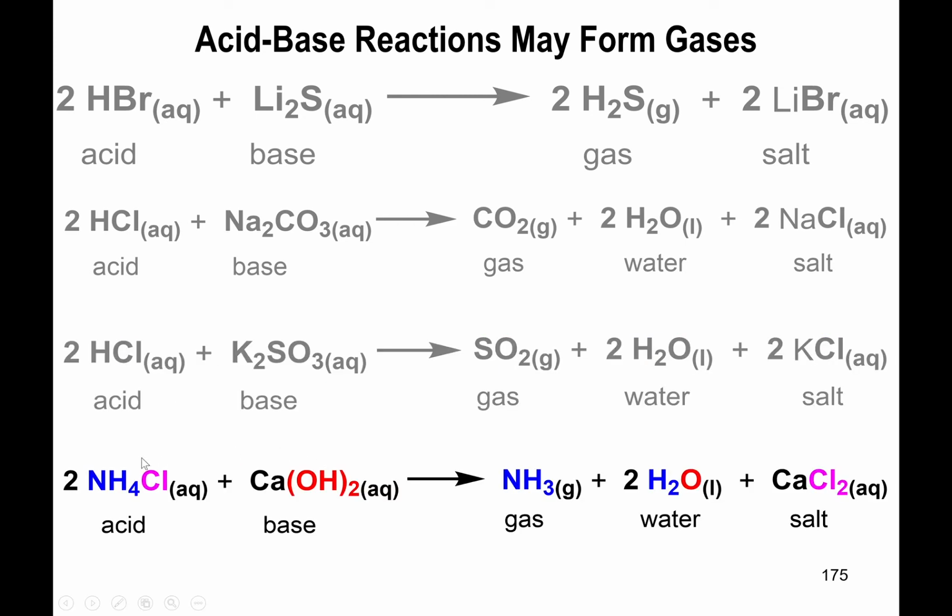Lastly, if you start with ammonium salts like ammonium chloride, which are actually acidic by nature, mildly acidic, but acidic nonetheless, reacting with a base like calcium hydroxide, you will form and liberate NH3 gas, which has a rather mildly unpleasant smell. Not the worst ever, but it's a smell that you might have encountered in the past.